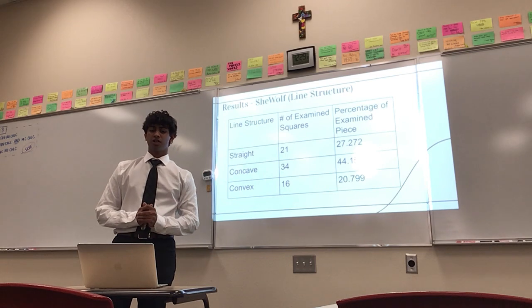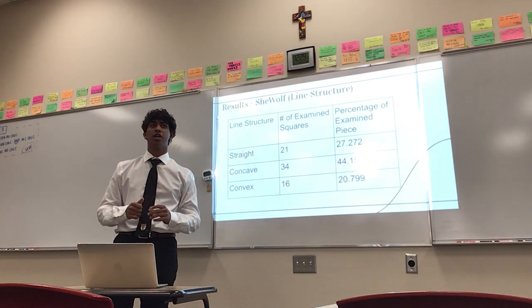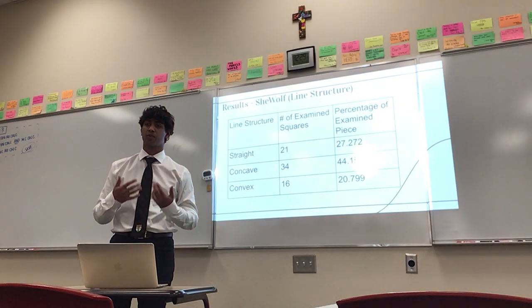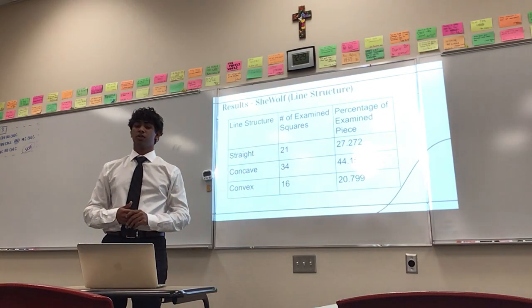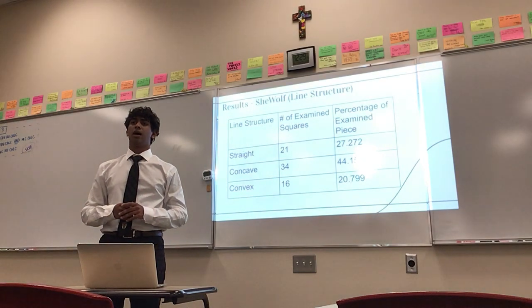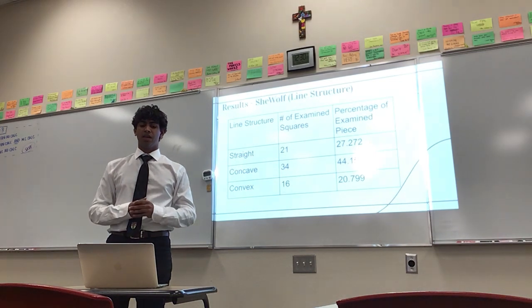Finally, for line structure, in regards to She-Wolf, I did a very similar thing to value. I examined each square individually and what type of line it was primarily composed of. The leading being concave lines, with 34 of them, making up around 44% of the piece, which elicited sort of a feeling of sadness and almost pity.